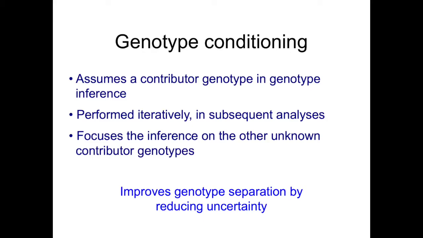So this contributor's genotype becomes locked in, and the inference is then focused on the remaining unknown contributor genotypes. Because probability distributions are then refocused on the remaining unknown contributors, conditioning can improve genotype separation by reducing the uncertainty in these other unknown genotypes. With this reduced uncertainty, match information improves, whether inclusionary or exclusionary.